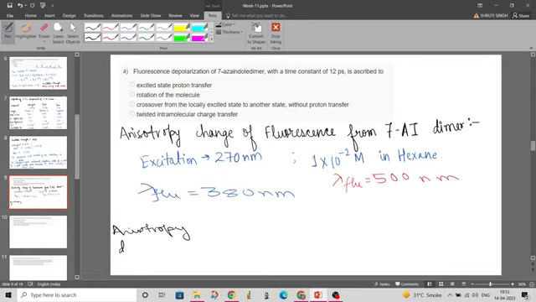So I'll just draw the spectra how it came. It had an ultrafast component, and this part was the ultrafast component. And in the red edge, it was like this. So this was 12 picosecond.